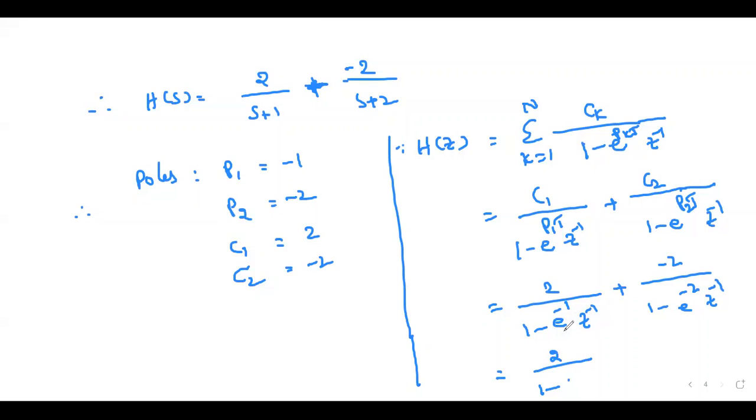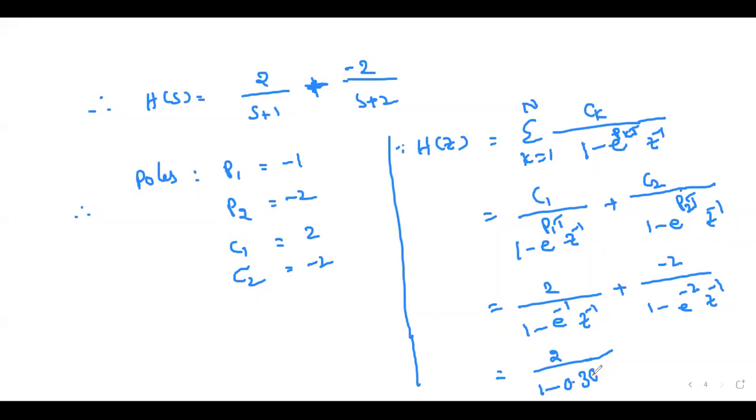Take the calculator and do it. 0.36, sir. 0.36. Here I will suggest you take at least 4 digits, so your answer won't much deviate from the examiner value.